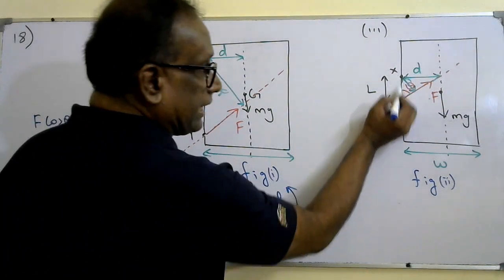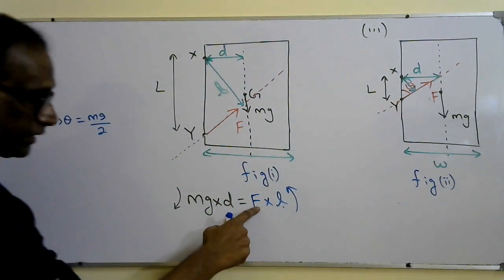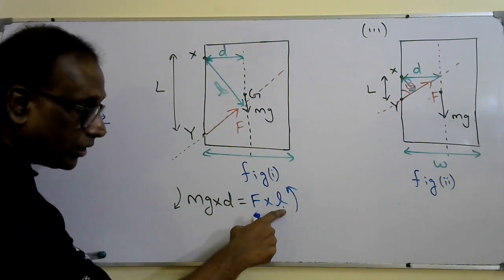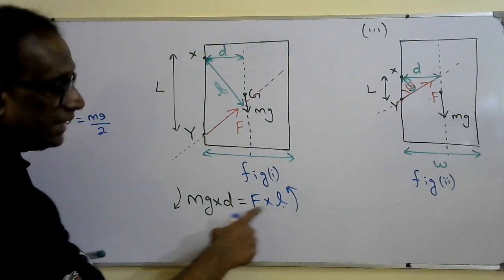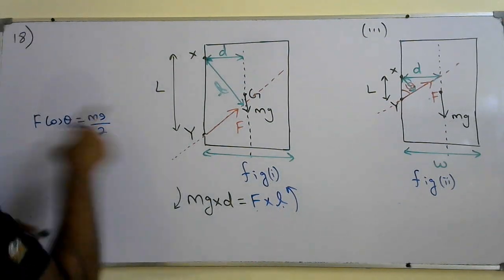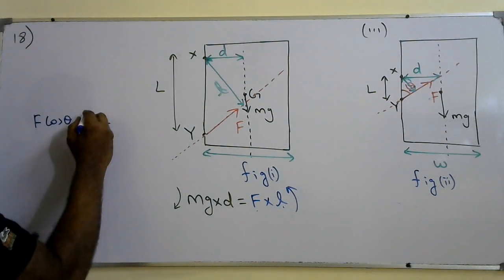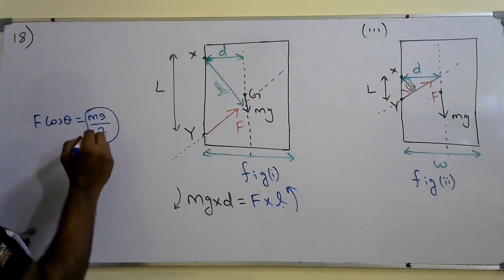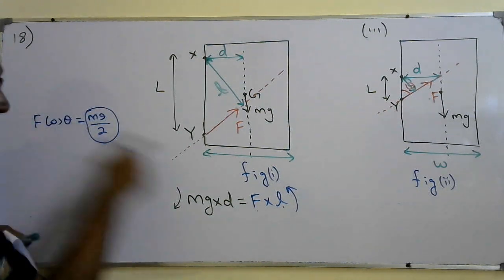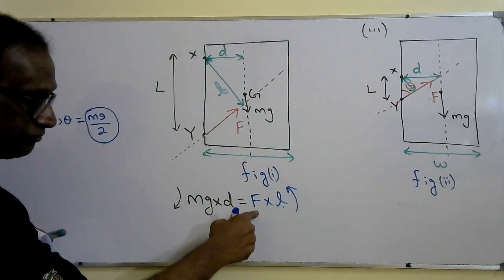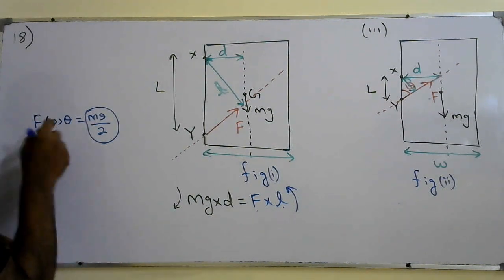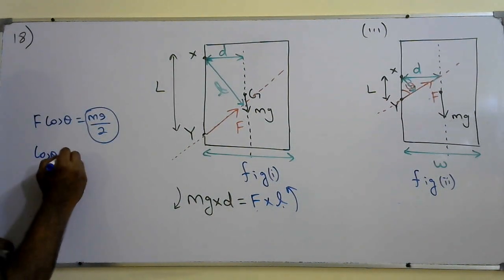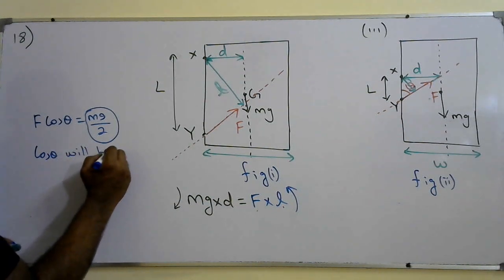When the hinges get closer, L becomes smaller, which means F will become larger. When F becomes larger, mg by 2 is constant, has no change, identical door. So F becomes larger, and cos theta will become smaller.